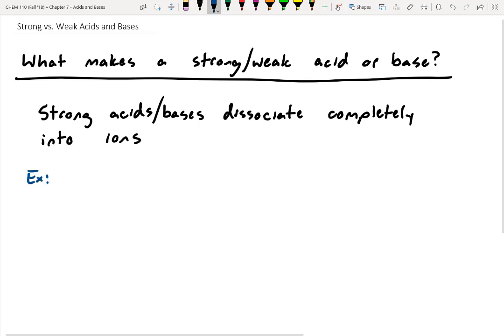A classic strong acid would be something like HCl. And if you put hydrochloric acid, which is a gas, into water, the hydrochloric acid is going to completely dissociate, meaning it's going to completely break apart, and it's going to give up its proton to water. So water at that point will have an extra hydrogen and a positive charge, so it'll be H3O+, and it will be Cl-.